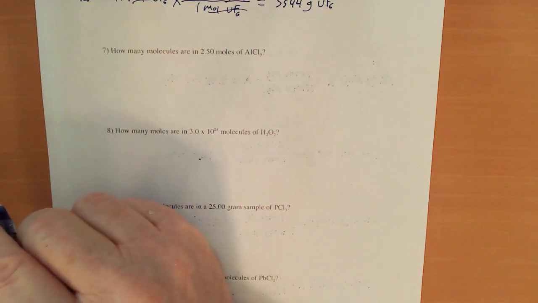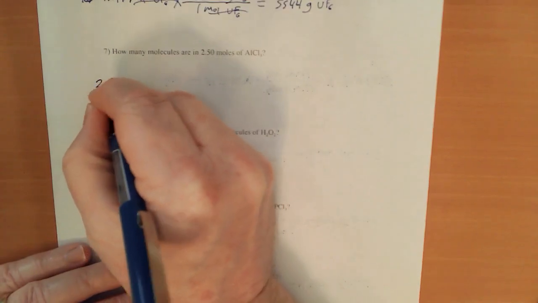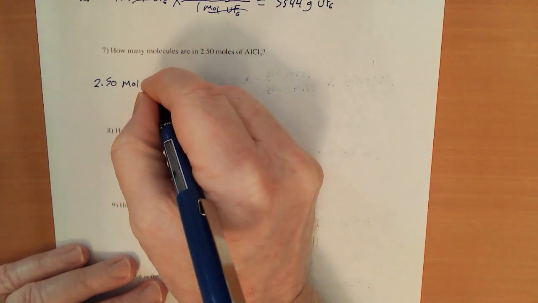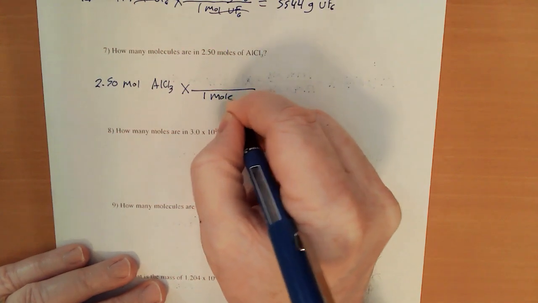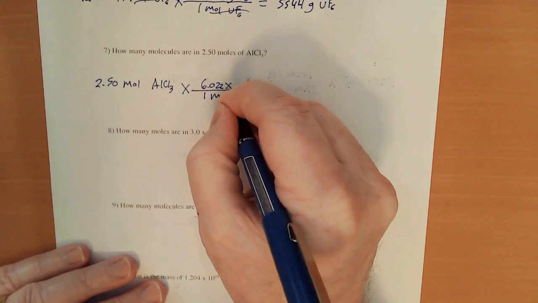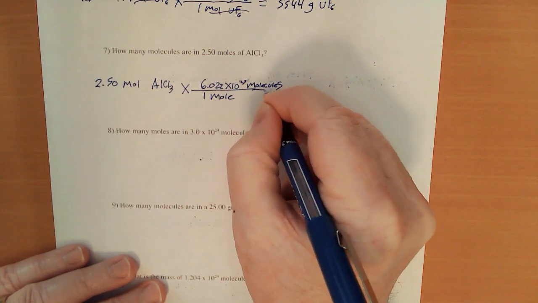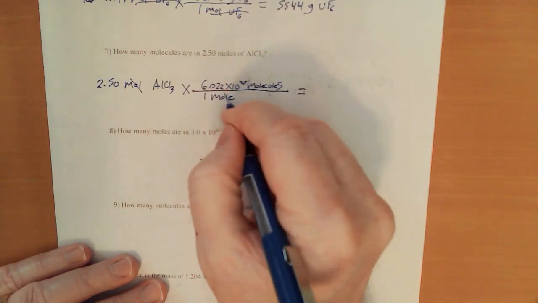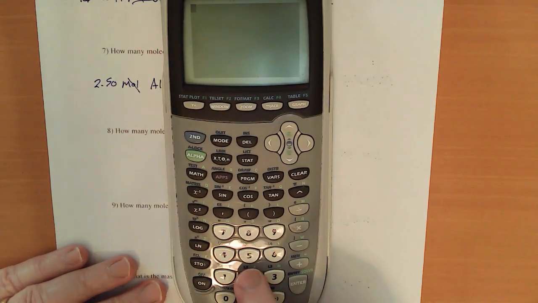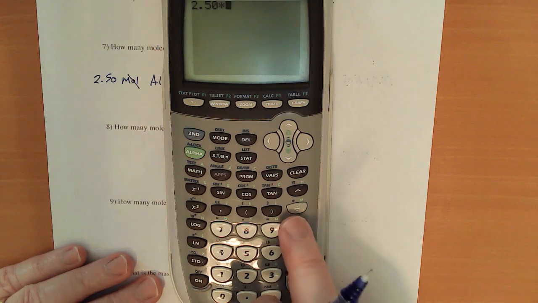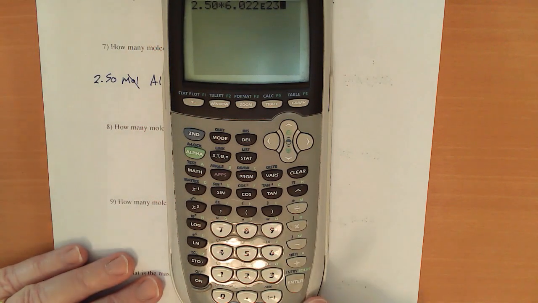Okay, now we're going to start dealing with molecules. Avogadro's number comes into play. 2.50 moles AlCl3 times 1 mole of anything has 6.022 times 10 to the 23rd. So that's molecules, because we're talking about molecules here. Moles cancels. So, on my calculator, 2.50 times 6.022 second EE23.